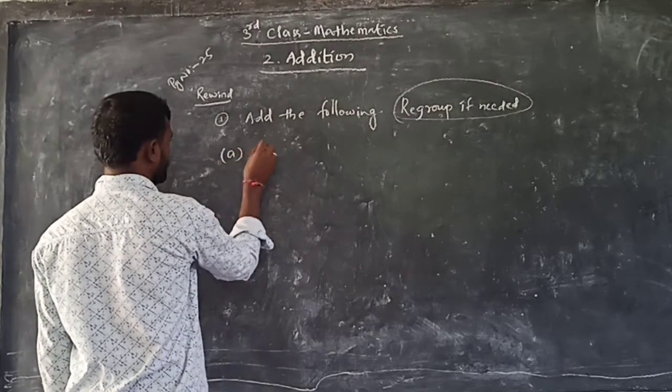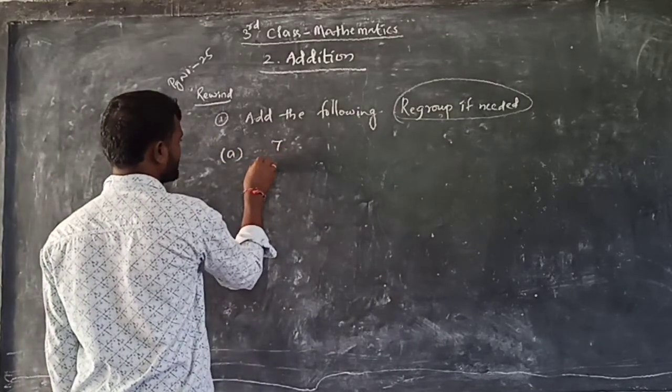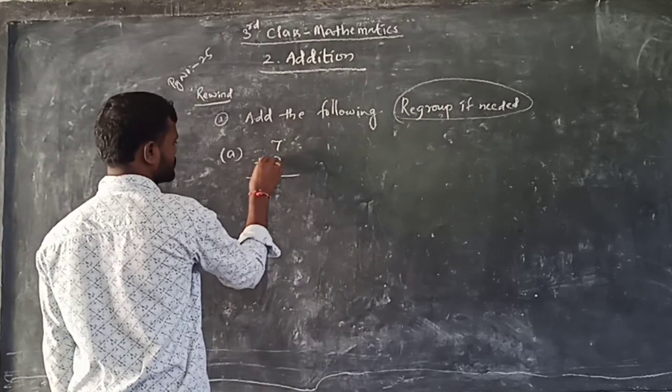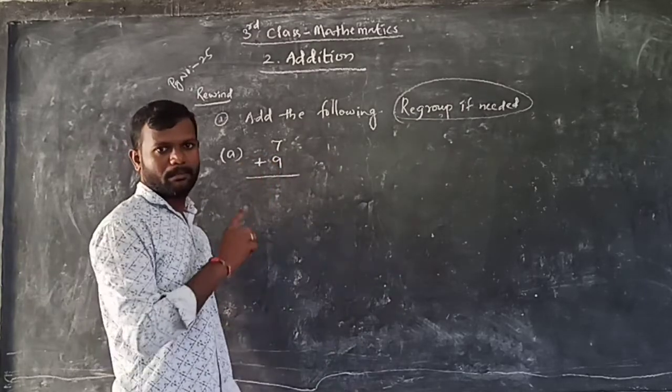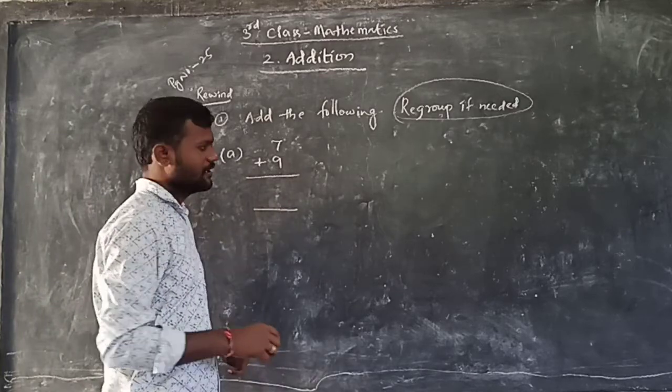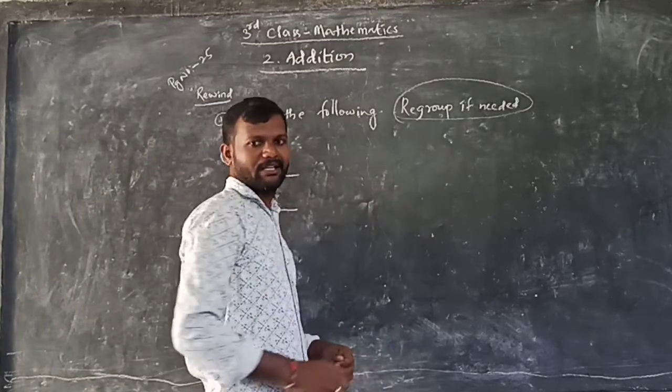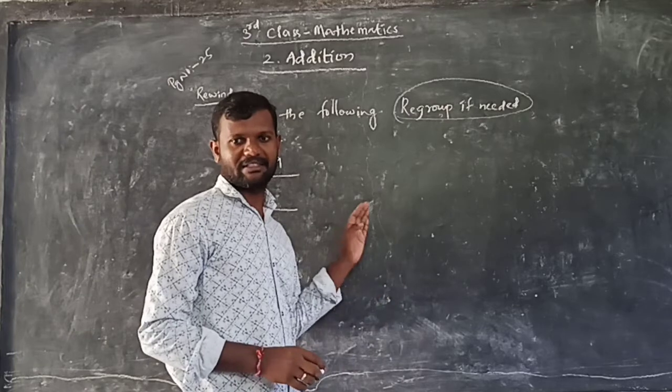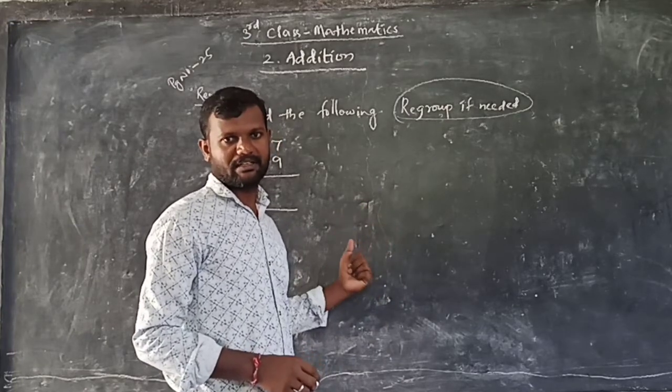The first question is 7 plus 9. So what will be the answer? I told you to write which table? The addition table. If you write the 7 table, then you will get the answer.